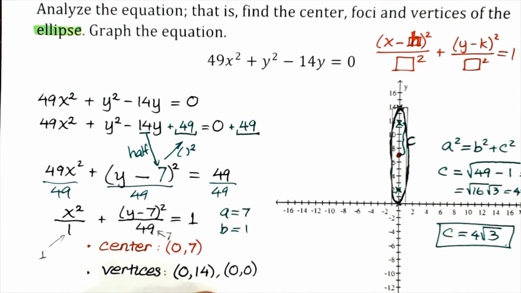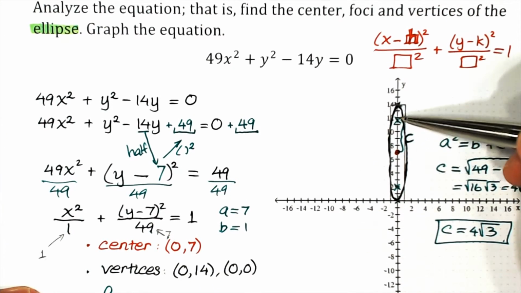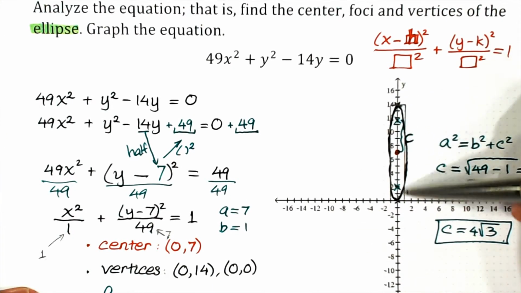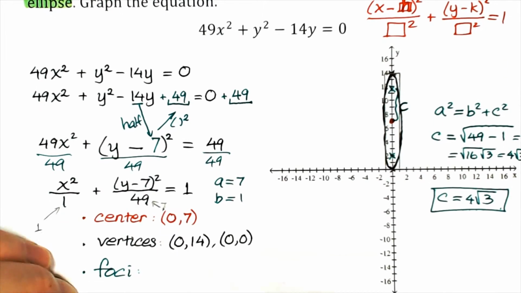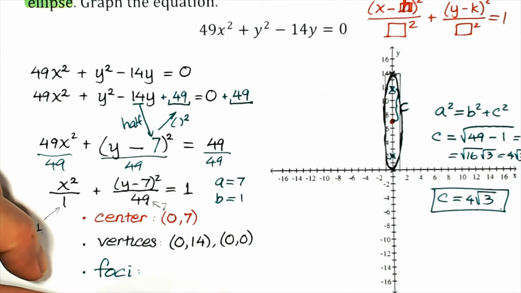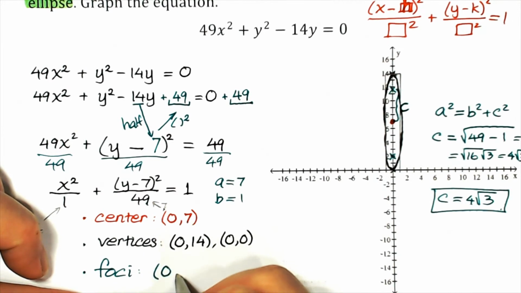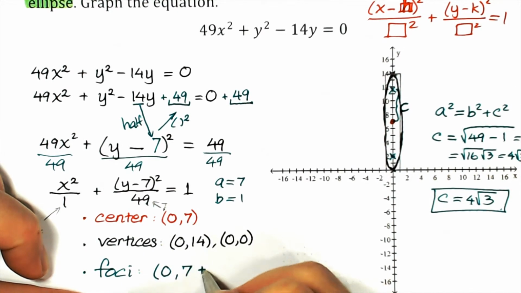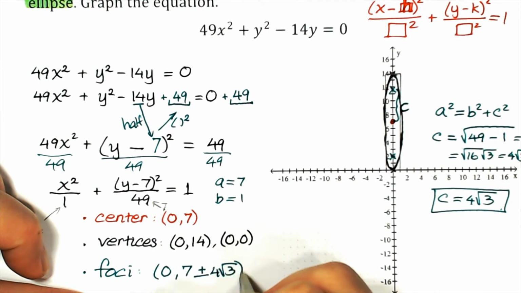Right, and then the foci. Again, the foci, vertices, and the center will be on the same line. And so from the center we go c units up and then c units down. So we're going to have (0, 7 plus 4 square root of 3) and (0, 7 minus 4 square root of 3).